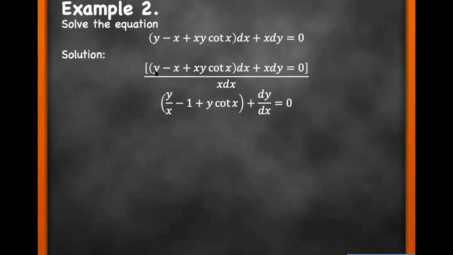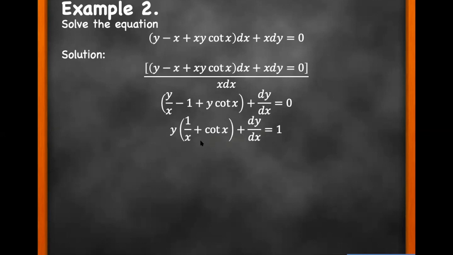So I'll now have y over x, negative x over x, so negative 1. xy cotangent of x dx divided by x dx will give me y cotangent of x. And then x dy over x dx will be dy over dx, equal to 0.